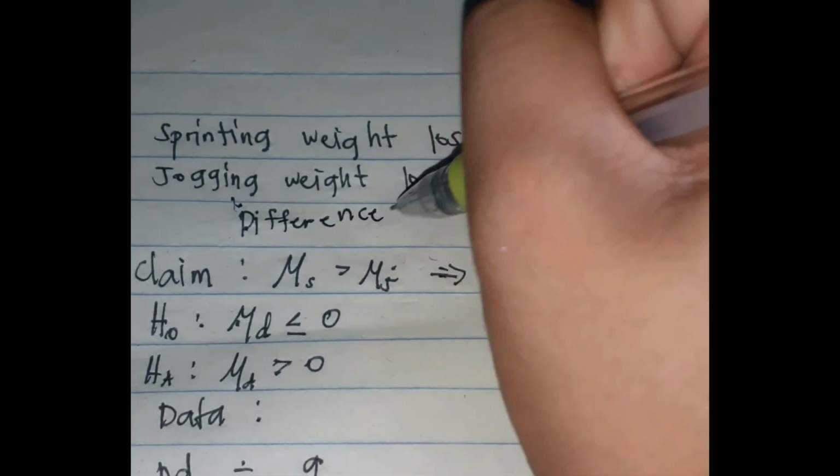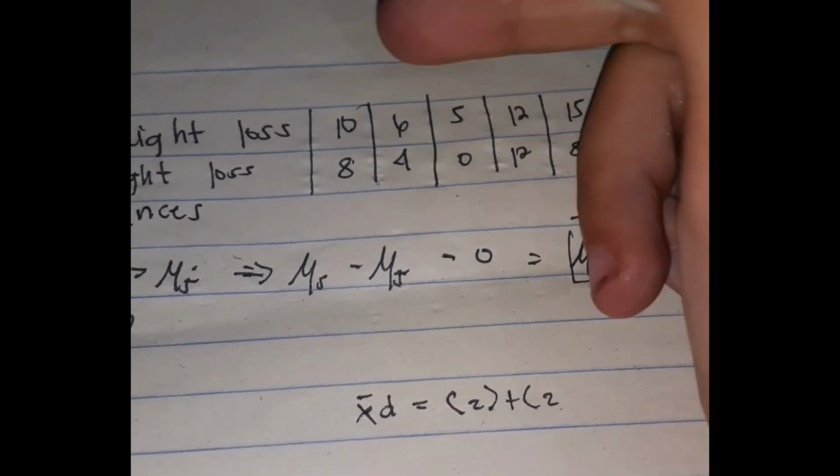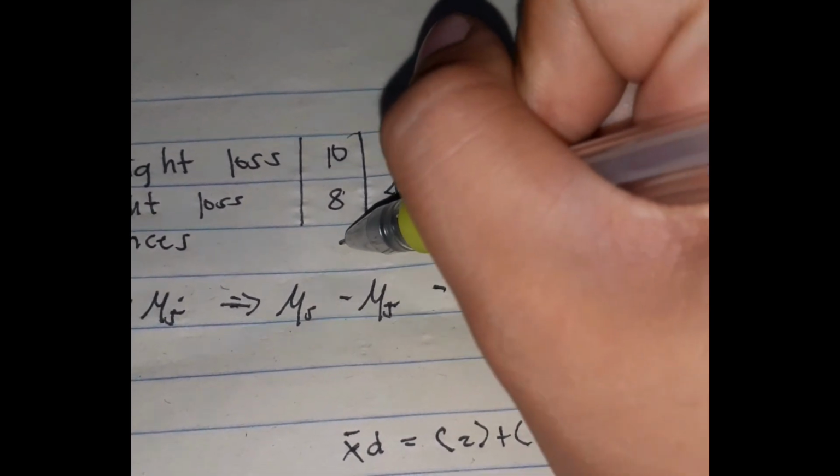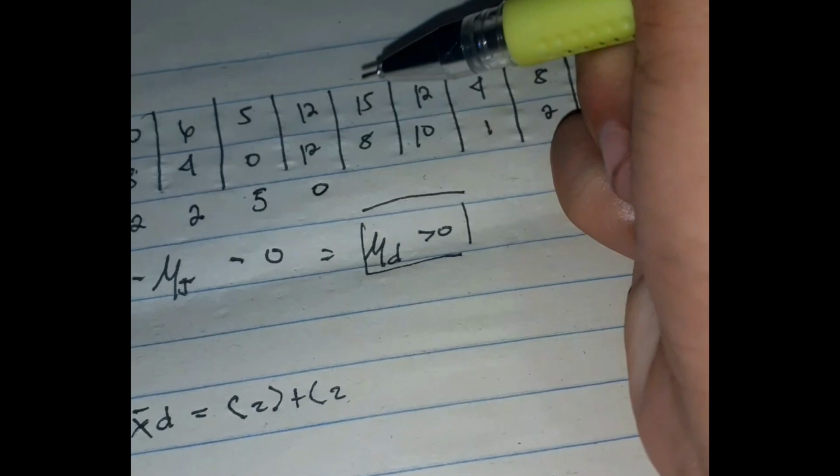To get the differences, we subtract each pair of values: 10 minus 8 equals 2, 6 minus 4 equals 2, 5 minus 5 equals 0, 7, 4 minus 1 is 3, 5 minus 2 is 3, 8 minus 6, and 9 minus 11 is negative.